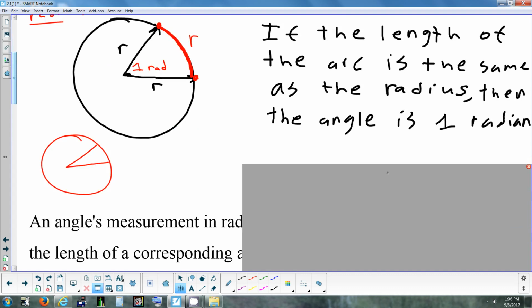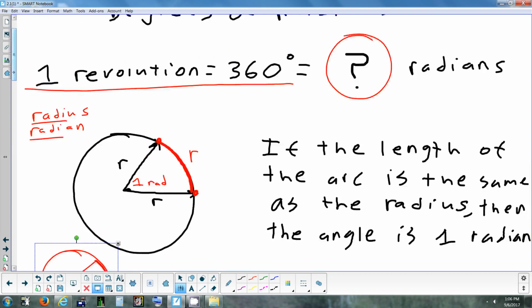Now, in this case, I would say that this arc is much shorter than that radius. What that means is this angle is smaller than 1 radian. I could also draw it so the arc is bigger. But the point is, if it comes out exactly the same as the radius, you have a picture of 1 radian. So any question on that idea, what a radian looks like?